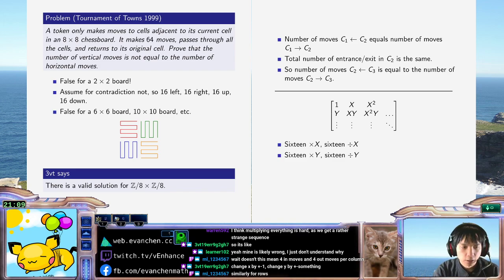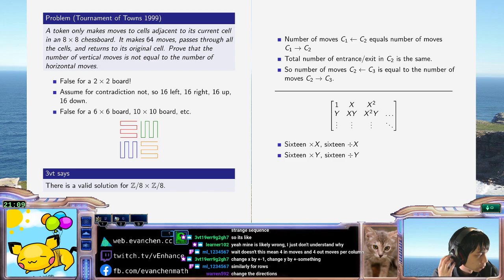Okay, so let's look at. I'm gonna make 7 incisions. Doesn't this mean 4 in moves and 4 out moves per column? Similarly for rows.